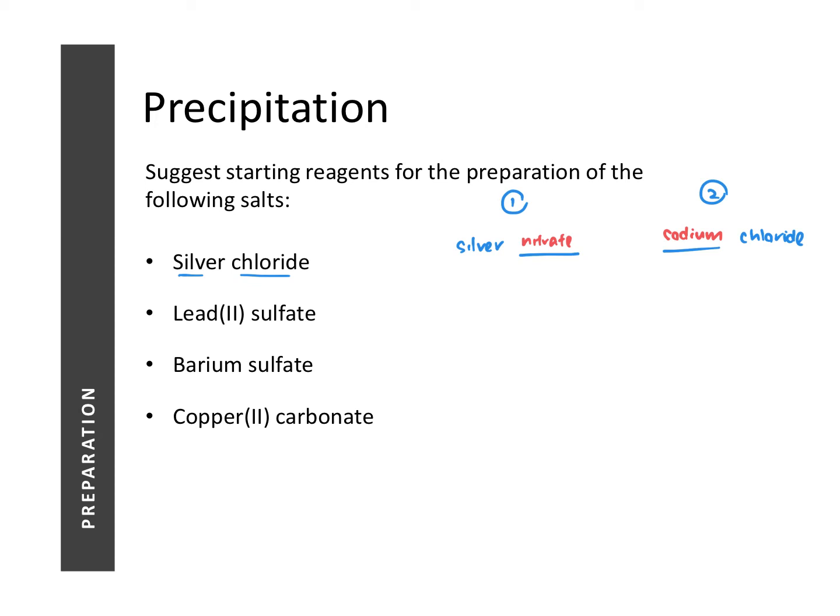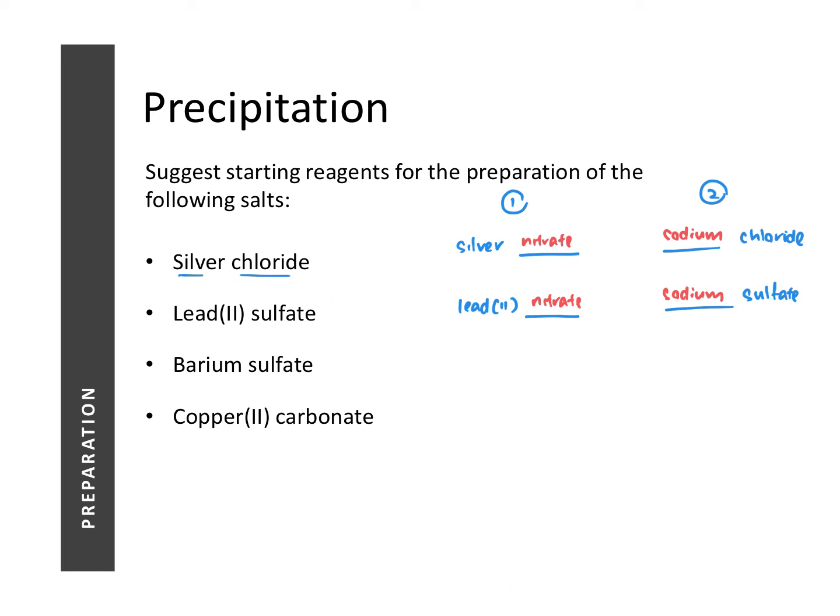Similarly, to get lead sulfate, we need to mix 2 reagents. One of them must contain lead 2 something, and the other one must contain sulfate. So as recommended again, we will always stick to the nitrate salt and the sodium salt.